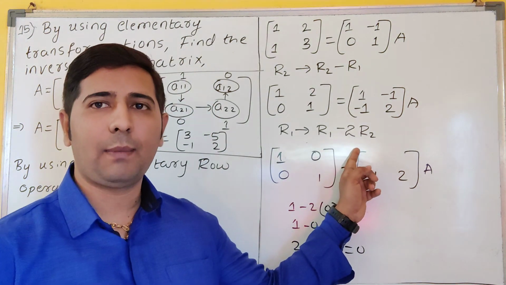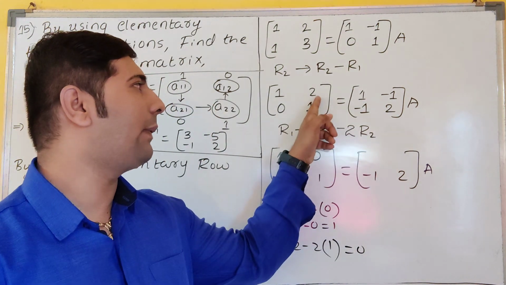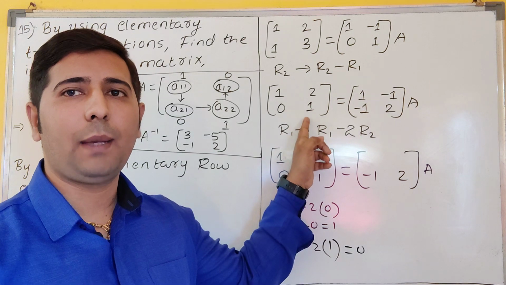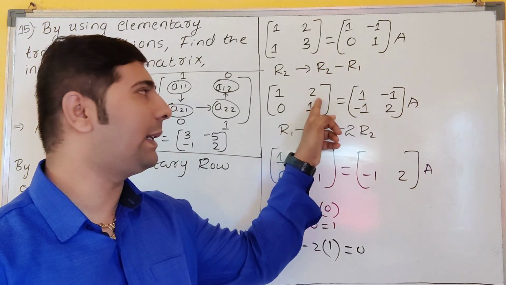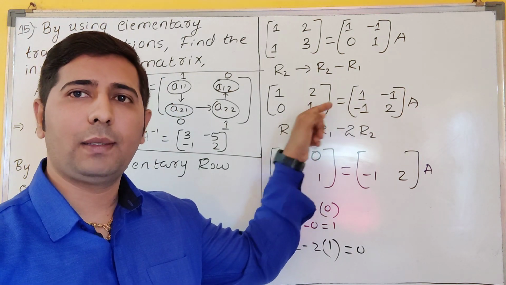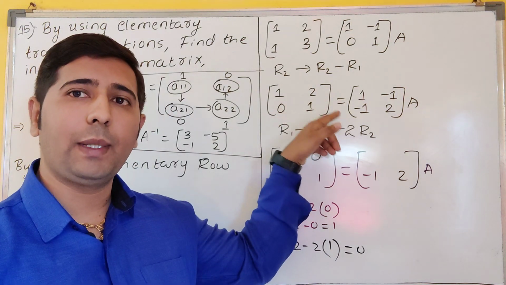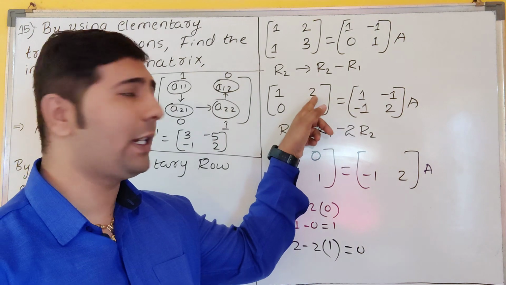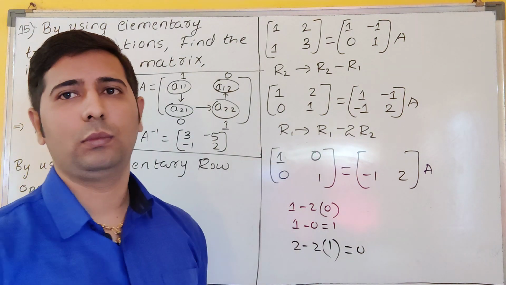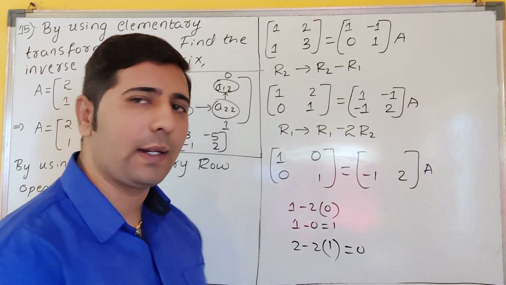Understood why I had multiplied minus 2 for R2? R1 is 2, so I multiply minus 2 for R2 to get 0 here. If it is 3 then minus 3. If it is 5 then minus 5. If it is 7 then minus 7. If it is minus 2 then plus 2. Got it? Logic, try to understand.